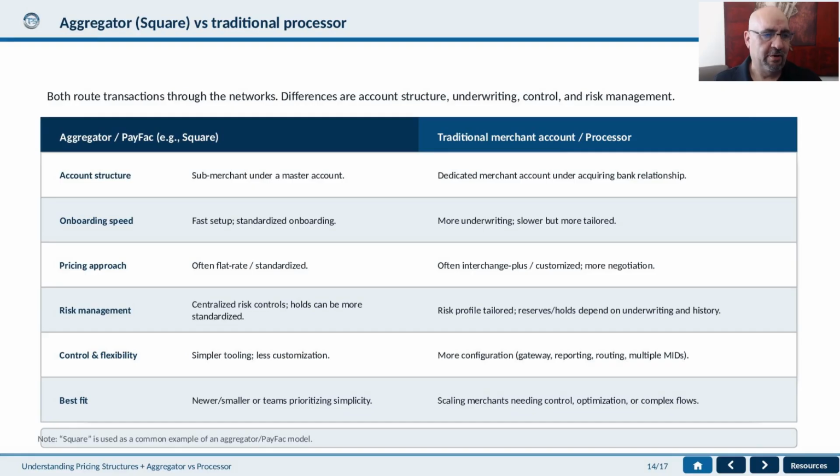I'm beating a dead horse. Onboarding, because I see it too often. Onboarding speed: fast setup, standard onboarding. That's very fast. More underwriting here. Yes, we do underwriting. It's slower, but more tailored, because it's tailored to your business. Underwriting, because we need to make sure we are opening up a valid credit card account, bank account for you within one of our banks to process your credit cards through.